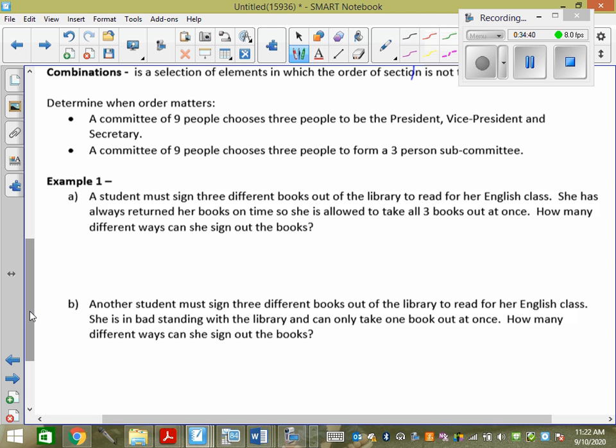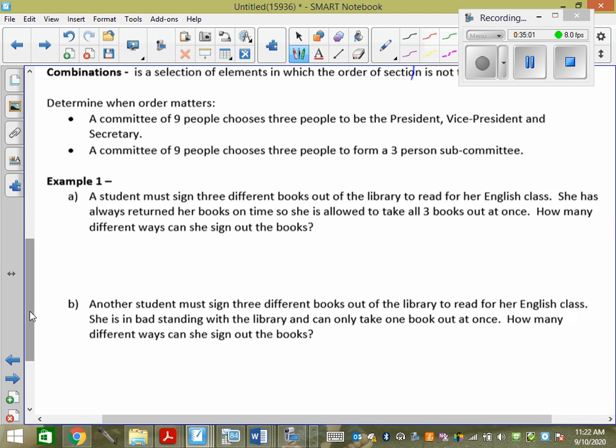Does the order in which I pick those 3 people have a different outcome? Yeah. They could be president, vice president, or secretary, right? They have 3 different outcomes. If the 3 people have 3 different outcomes, order matters because they could get 3 different things. Okay? So that would be a P.